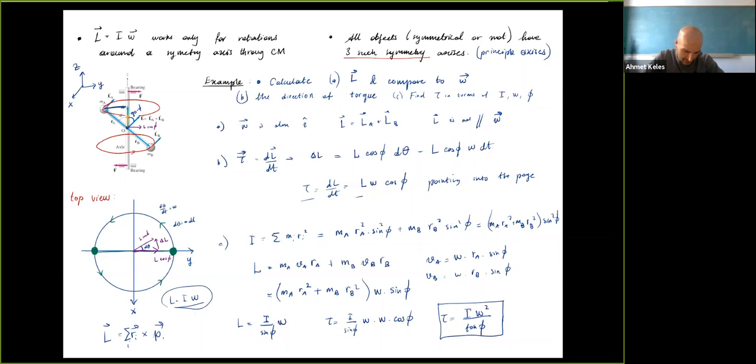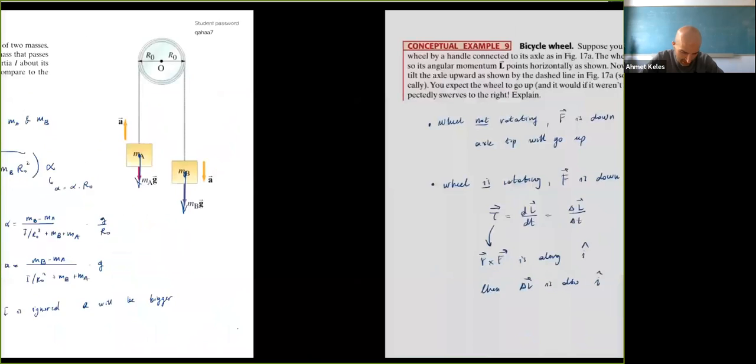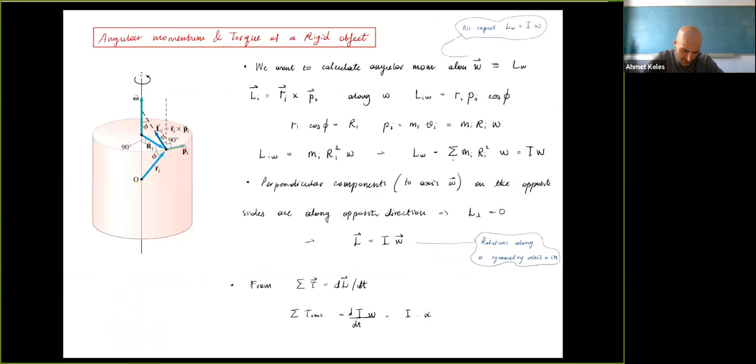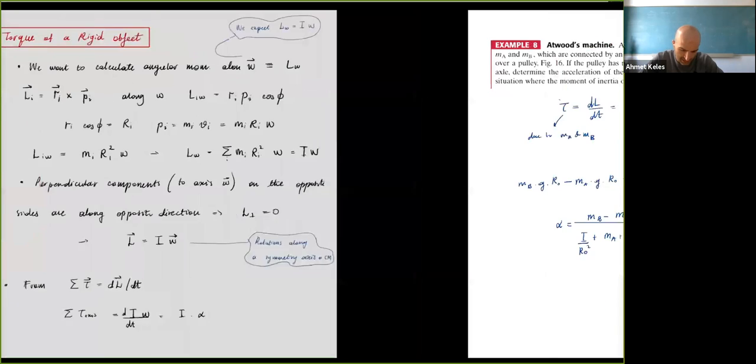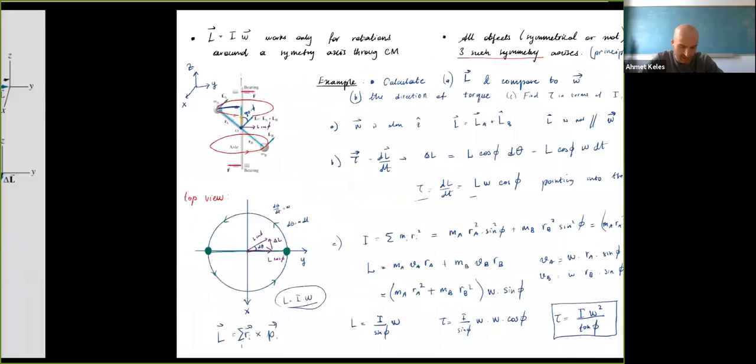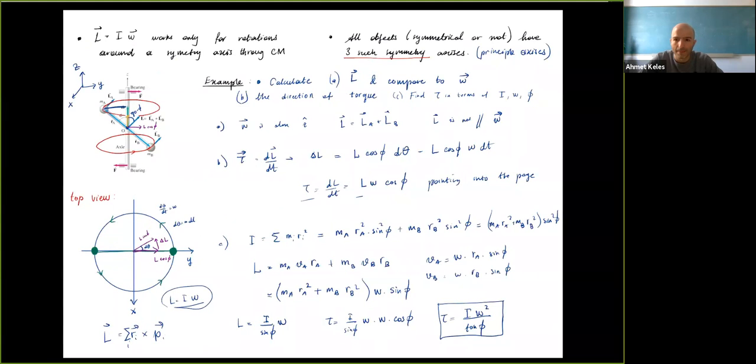When you have a rotating object like this, for example, in this case, it's true, right? But in this case, it's not. So L is equal to I omega works only for rotations around a symmetry axis that goes through the center of mass. So this rotation is through this axis.